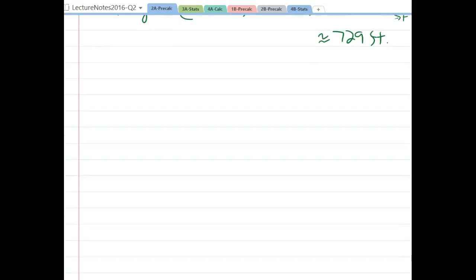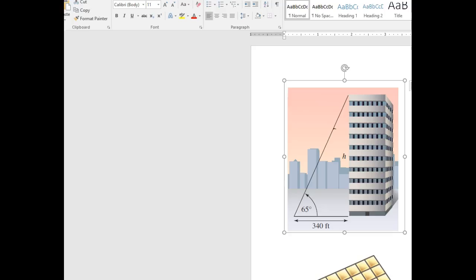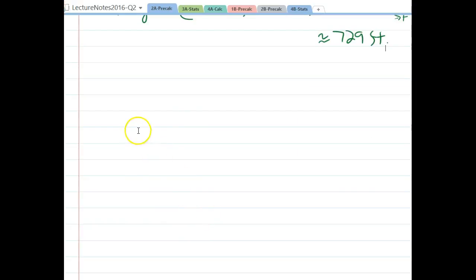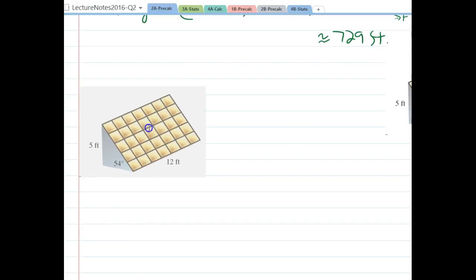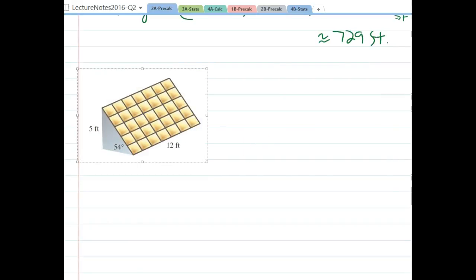One other application problem. I'll go and grab another figure from the textbook right here and paste that over here. Okay, all right, so this is another example, and what we're trying to do is find the area of a solar panel.